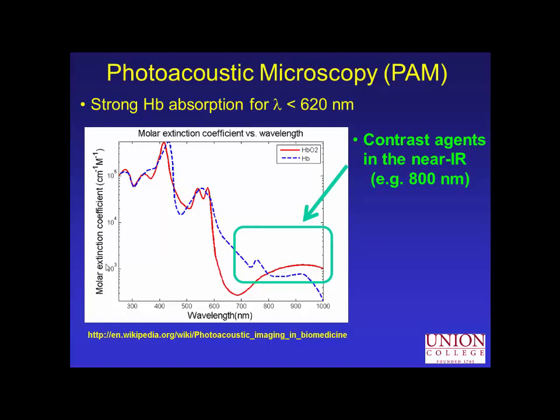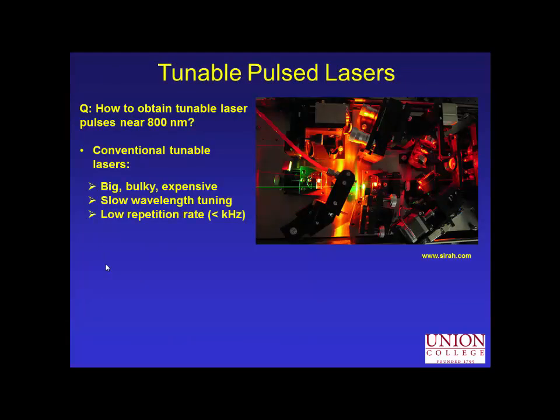But how do you get light at that wavelength? As far as conventional methods, dye lasers and OPOs tend to be big, bulky, expensive, and fairly low rep rates. For microscopy, we're going for higher rep rates, and the pulse energy is not as critical.